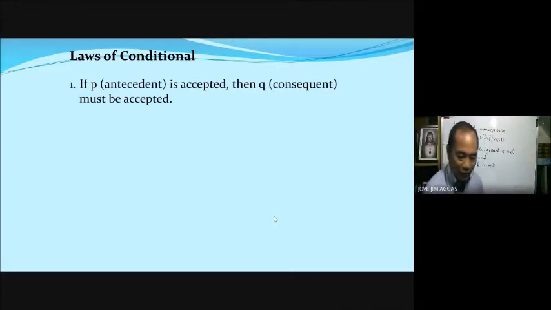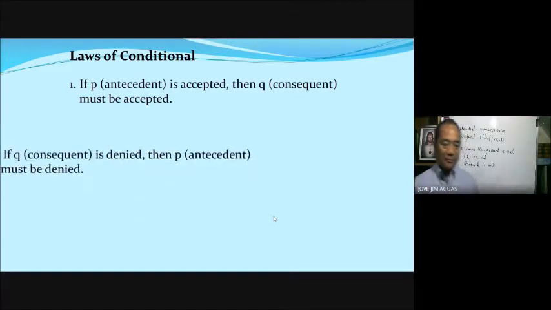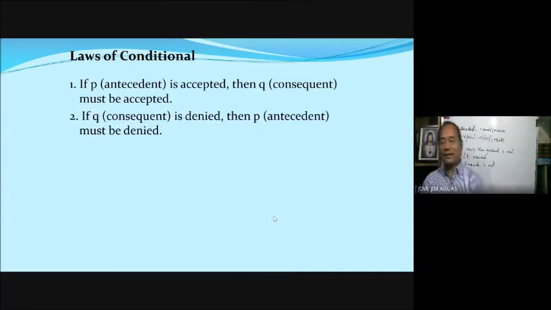Now let's move on to the next. If the consequent is denied, meaning it was not accepted, it was rejected, then the antecedent must also be denied. Let's use this example again. We deny the consequent.